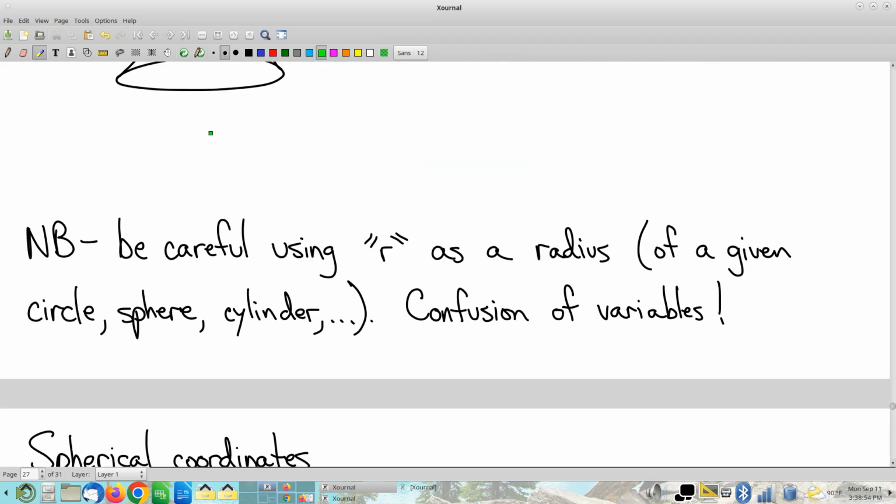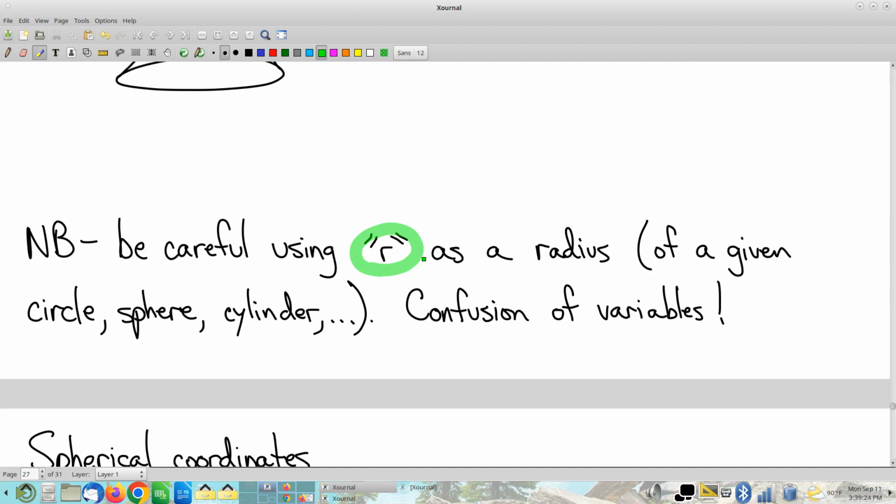Okay, real quick, be careful using r as a radius from here out. R is now spoken for. Dibs has been called. R is a variable, kind of like x is a variable, right? If you were drawing a triangle in xyz space or even just in the xy plane, you wouldn't pick some random arbitrary distance and call it x, right?